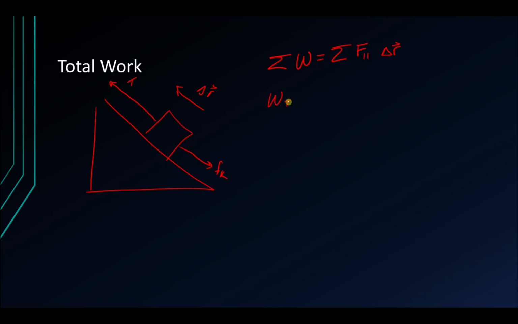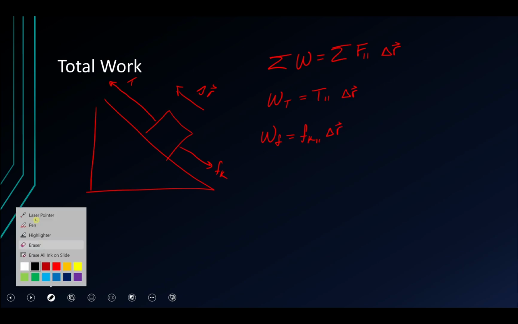I can figure out the work done by the tension, which is going to be equal to the tension force that's parallel to my change in motion. And I can have the work done by the frictional force, and this is going to be the kinetic frictional force, parallel, times my change in position.